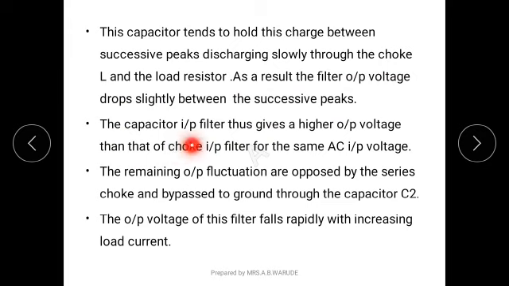The capacitor input filter thus gives a higher output voltage than that of the choke input filter for the same AC input voltage. The remaining output fluctuations are opposed by the series choke and bypassed to the ground through the capacitor C2.